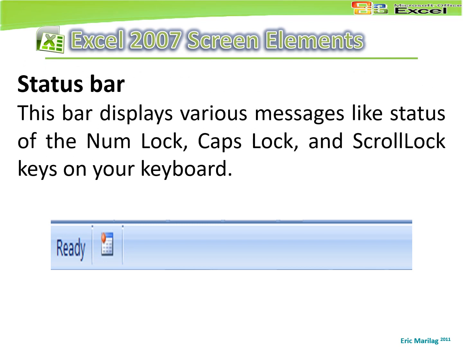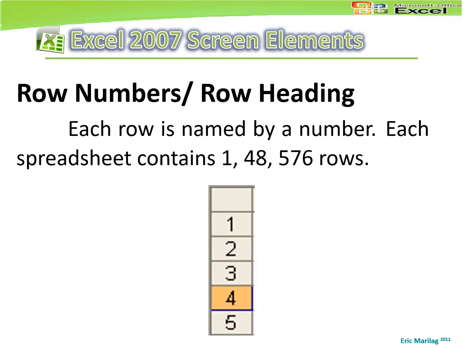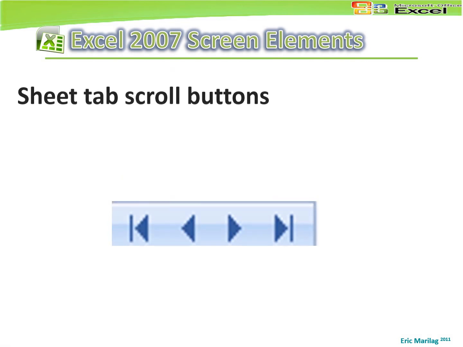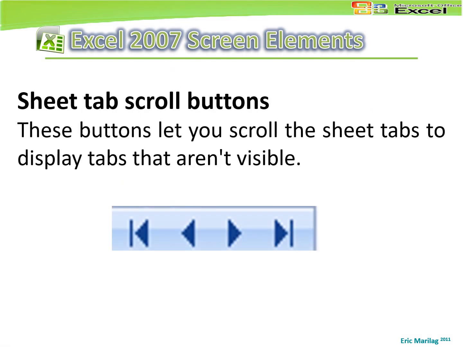And we have also the status bar, the rows, row number or row heading. So again, we have 1,048,576 rows for each workbook or worksheet, I mean. Then we have the sheet tab scroll buttons. So this button lets you scroll the sheet tabs to display tabs that aren't visible.